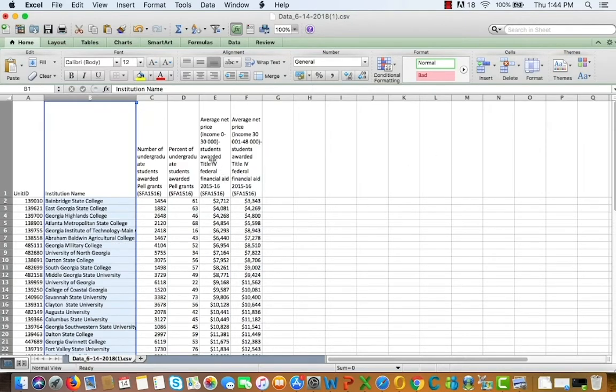Okay, so you can see that for the lowest income kids from families whose parents earn less than $30,000 a year, there are a lot of schools that have a price less than the average student loan. Now remember, the net price is the price, tuition, fees, room and board, etc., minus any grants. It does not subtract out loans or work study.